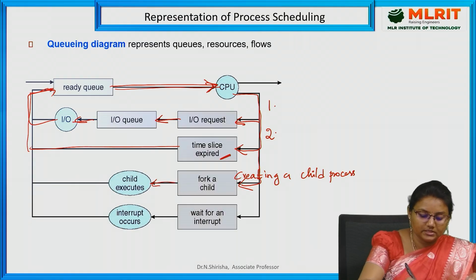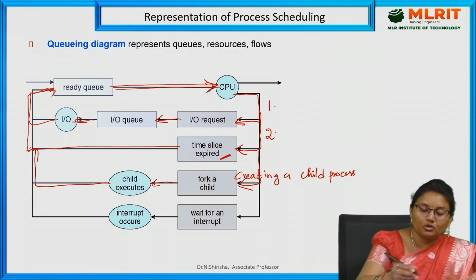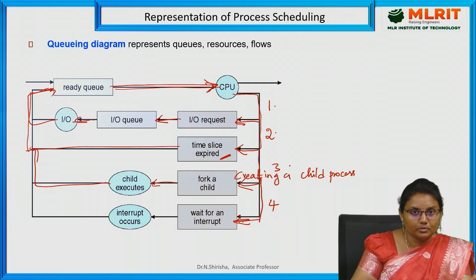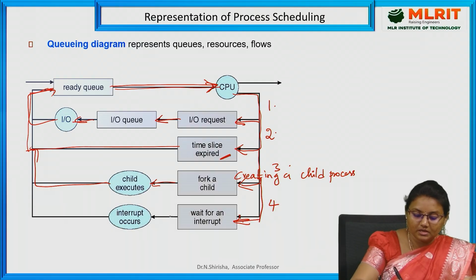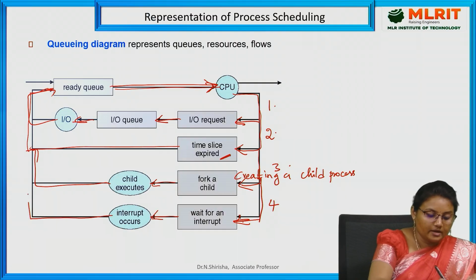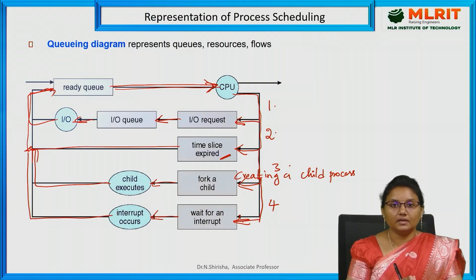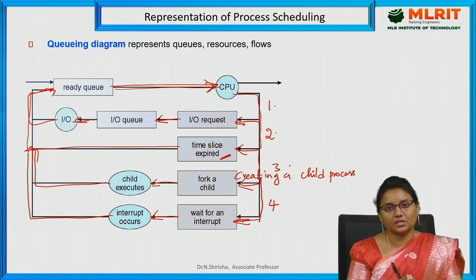So the child goes to the ready state, followed by the CPU processor. And this is the third case. Then the fourth case, waiting for an interrupt. Waiting for IO or waiting for an interrupt, both are similar. So when the interrupt occurs, it will again go back to the ready state. So these are the 4 cases that we can see in this queuing diagram.